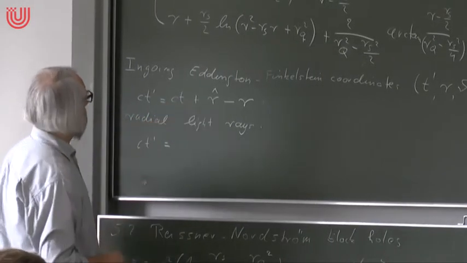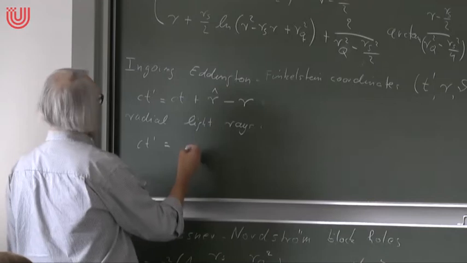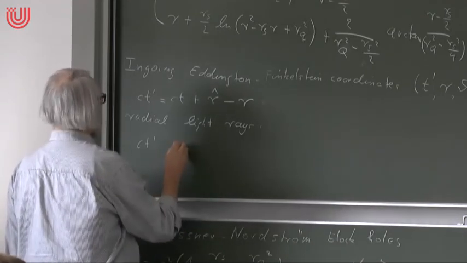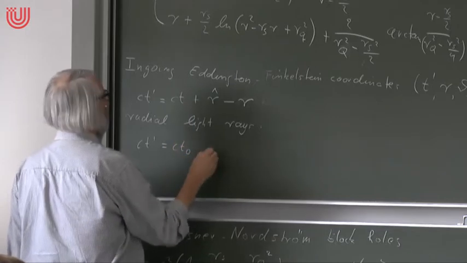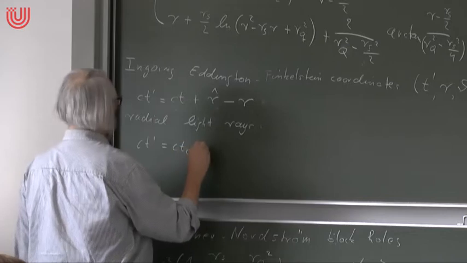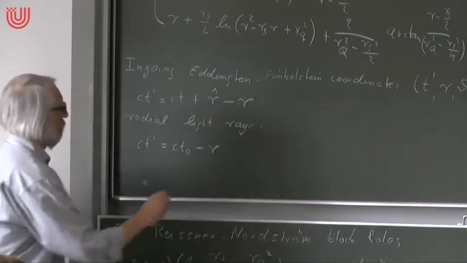So these two terms cancel. And I have the integration constant t naught, so I have c t naught. This goes away, and then I have minus r. So that's the equation for ingoing.